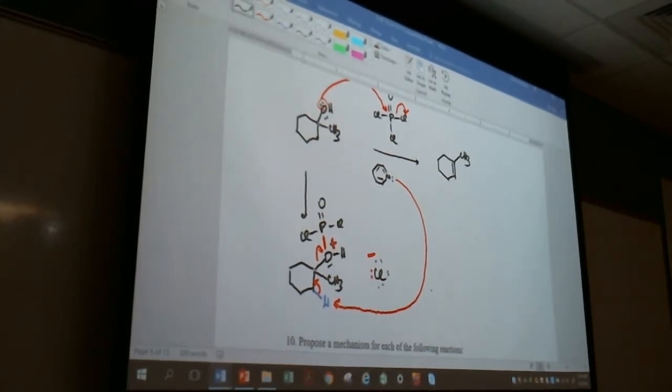And that will give me this product. We remove this hydrogen, we put these two electrons here, and this is kicked out. Of course, in addition, what I'm going to have is this product and chloride ion.